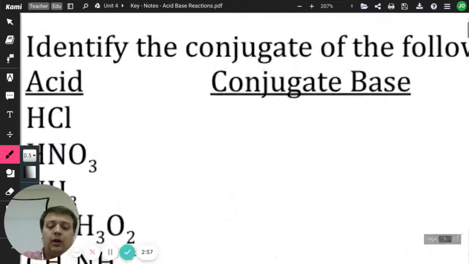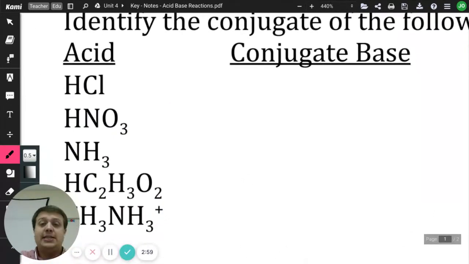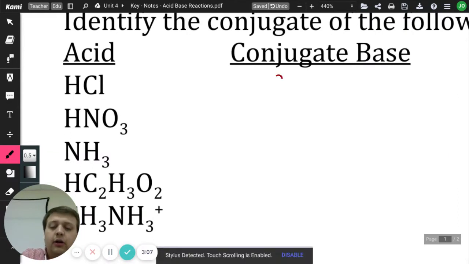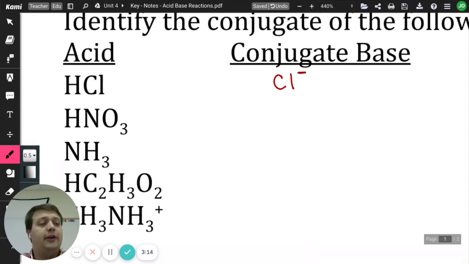Looking at our conjugate base here, I've got HCl. After that HCl gives away that hydrogen ion, we're going to get chlorine left over, but chlorine here is going to have a charge of -1. So the conjugate base of this hydrochloric acid would be Cl-, the chloride ion.